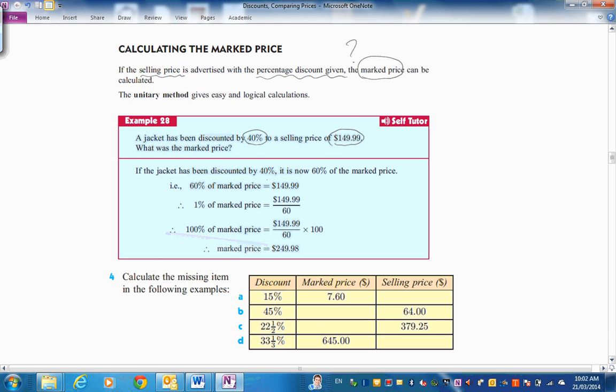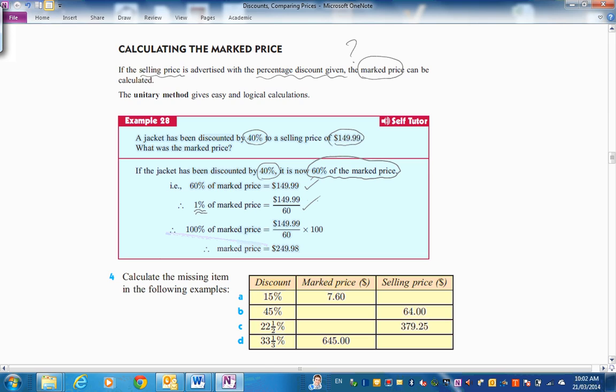Okay, so if the jacket has been discounted by 40%, it is now 60% of the original, isn't it? Okay, the mark price, what it usually sells for, take off 40%, you'll have 60% of that left. So 60% of the mark price is what they're selling it for. Let's divide both sides by 60 and find out what 1% of the mark price was.